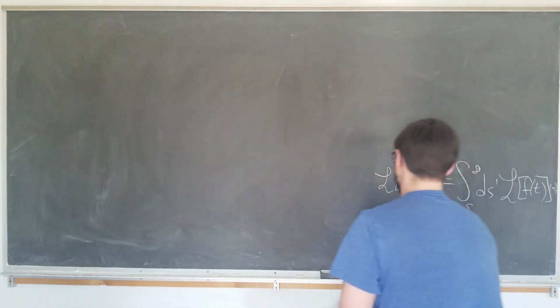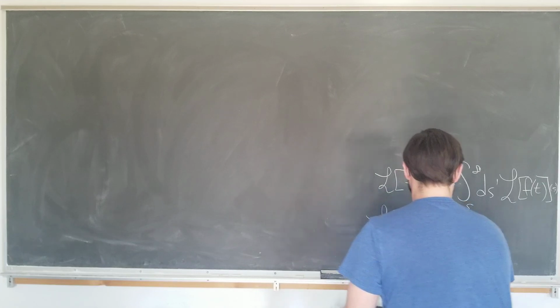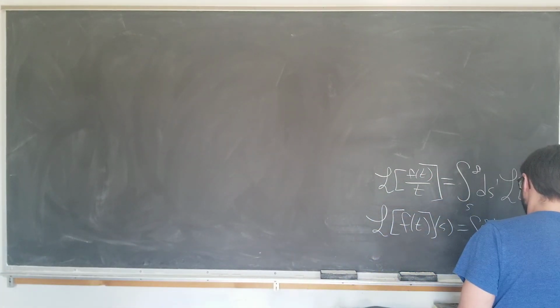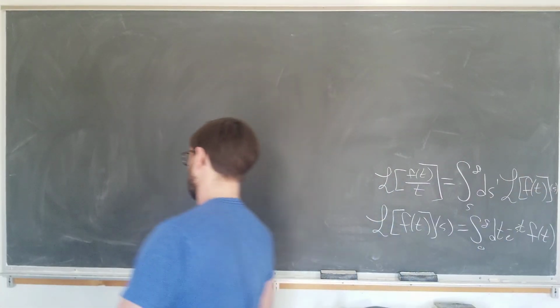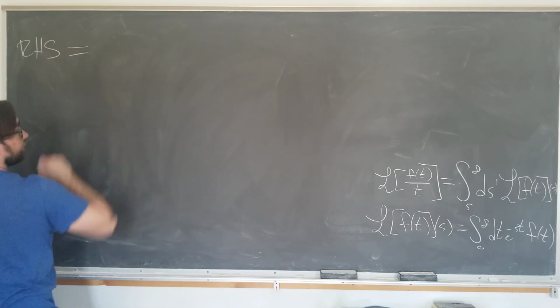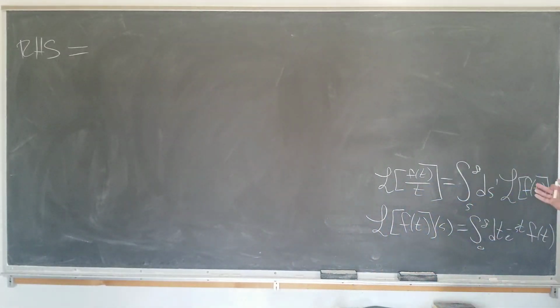And just for future reference, I'm going to rewrite our definition of the Laplace transform here. Just for clarity's sake, this is all we need for this. Let's go ahead and start from the right-hand side, since it's easier. Okay. Well, we can see there's going to be a double integral, since the Laplace transform itself has an integral in it, so we're integrating an integral.